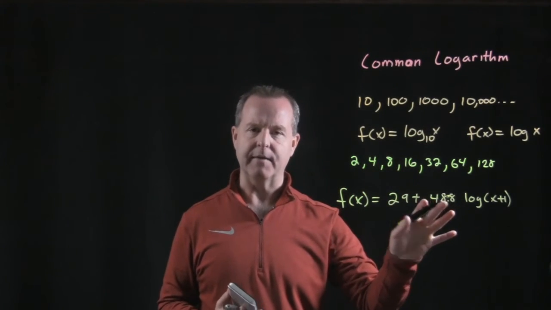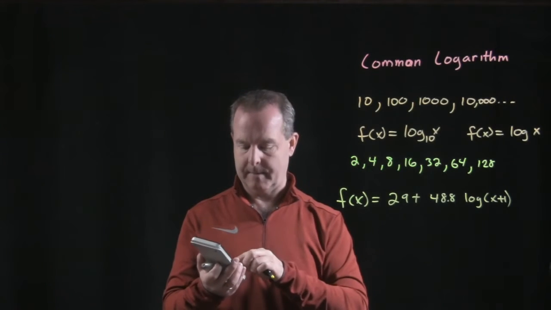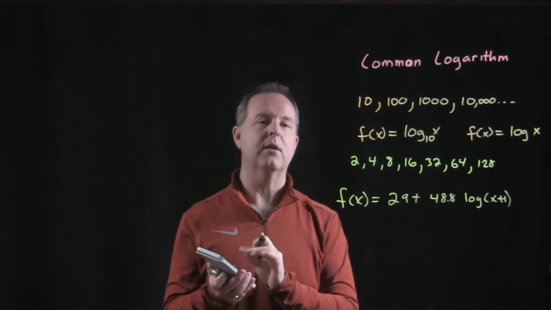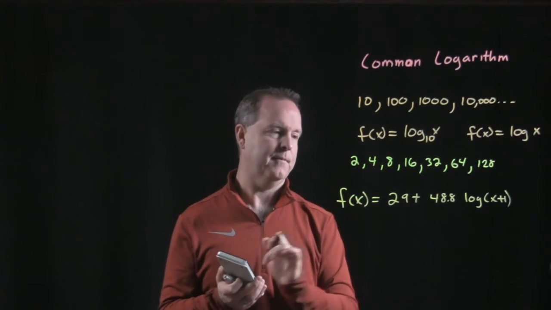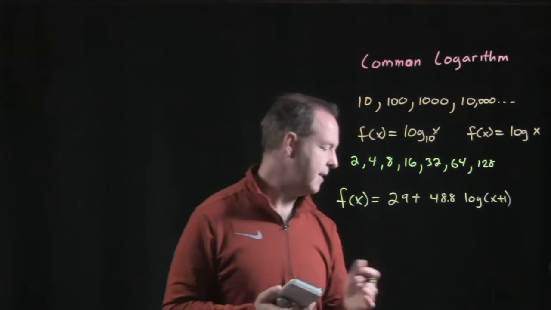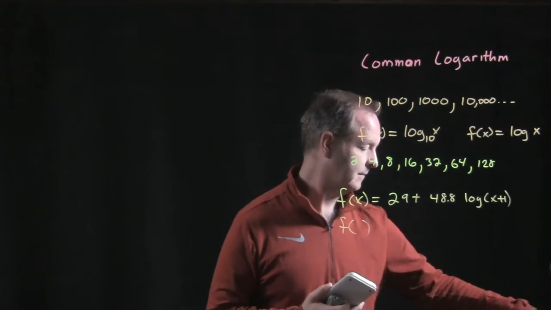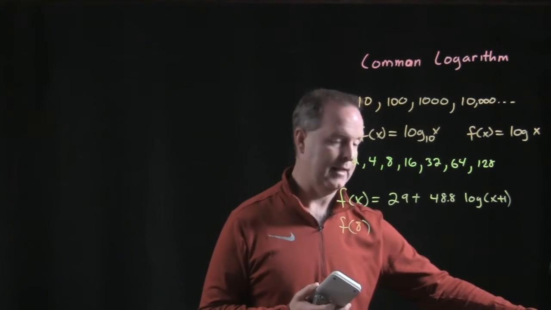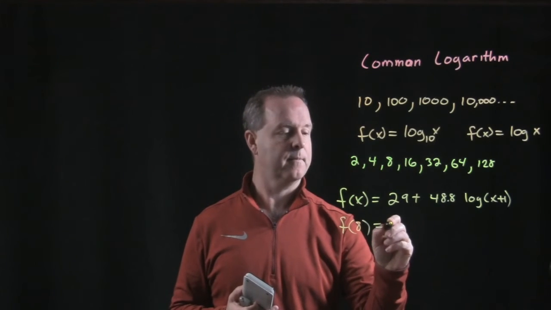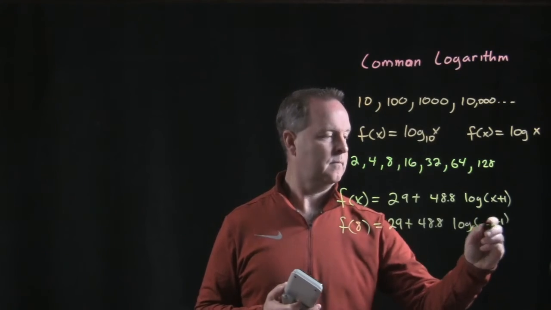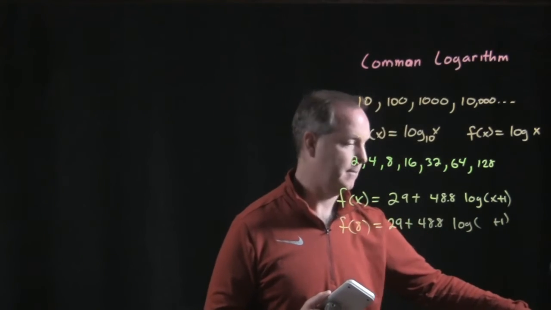So how do we evaluate that? Well, first of all, pull out your black box, turn it on, and identify where the log key is. I want to evaluate this for a child that's 8 years old. And x again was 8.